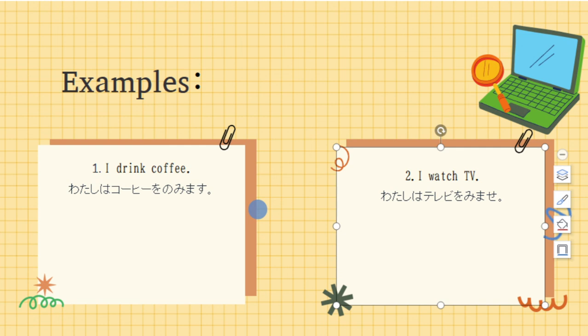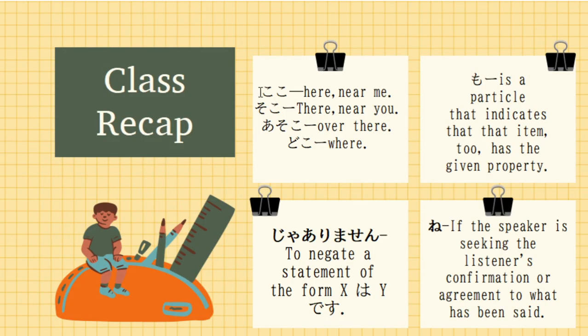So for recap, we have koko, the English counterpart of here or near me. Soko is there or near you, near the speaker you're talking to. Asoko is over there. Doko is where.